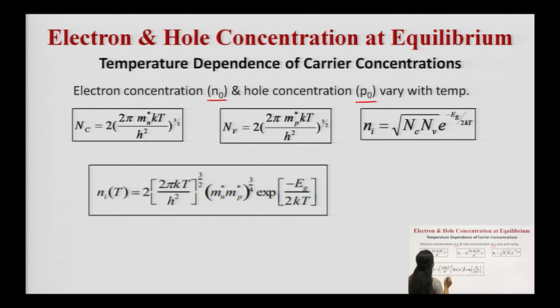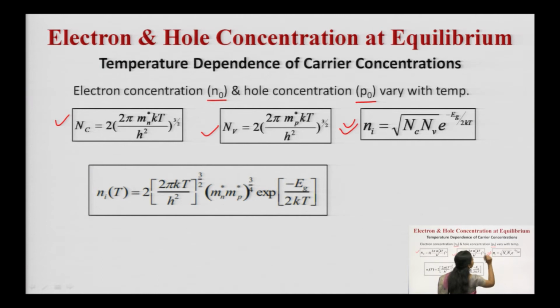This is very easy. Nc you have already calculated. This is 2 times (2 pi Mn star kT upon h square) to the power 3 by 2, where Mn star is the effective mass of the electron. Nv is for the holes. Here the term Mp is taken, which is nothing but the effective mass for the holes, which is different from the rest mass, remember it.